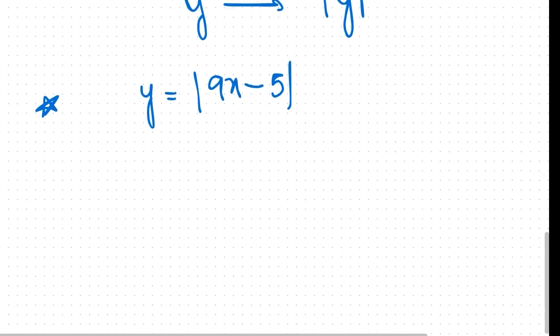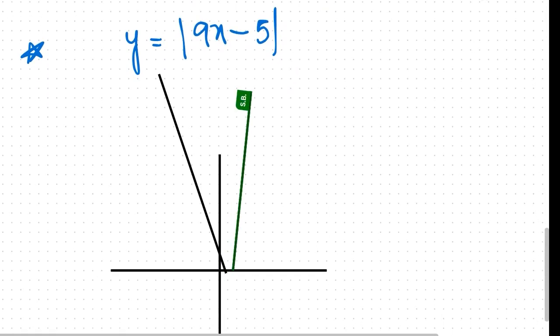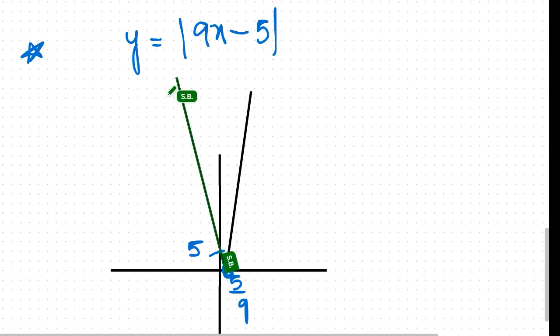Can you try to draw this graph? Yes, so this is the point 5 by 9, correct? And this is the x and y intercept.